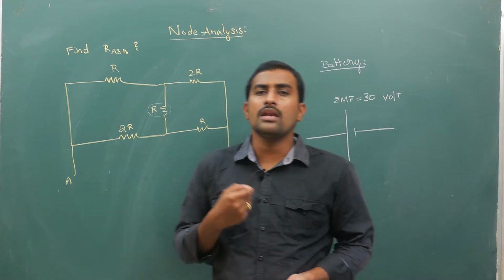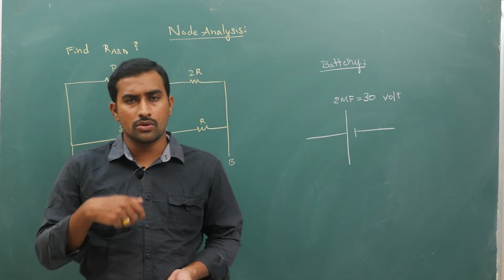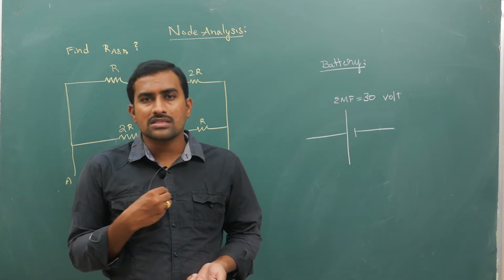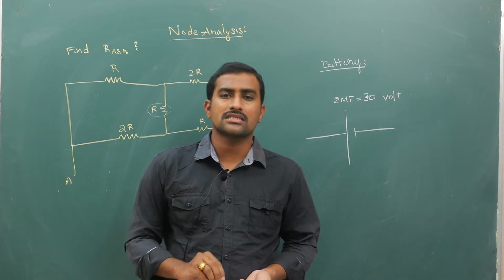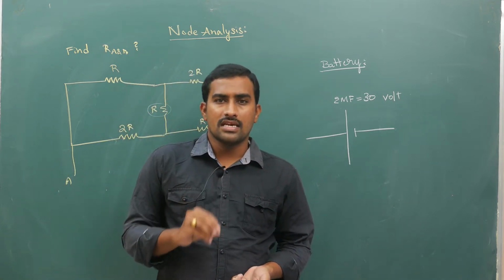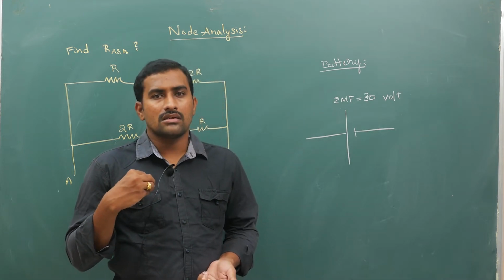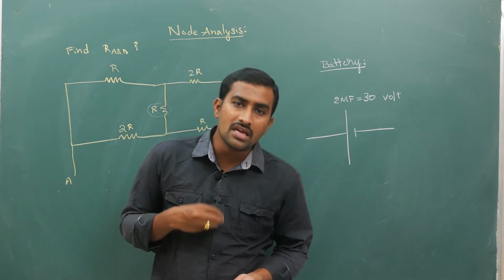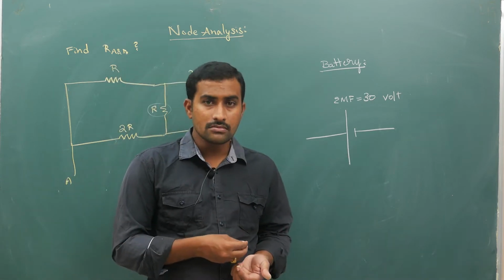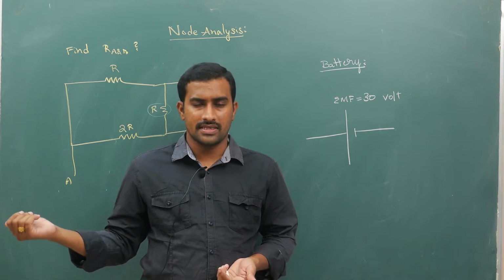So how will I apply this node analysis? I am going to explain now. But before that, because I have not discussed batteries previously, I'll just give a brief explanation about a battery, and in detail we will discuss later in combination of cells.